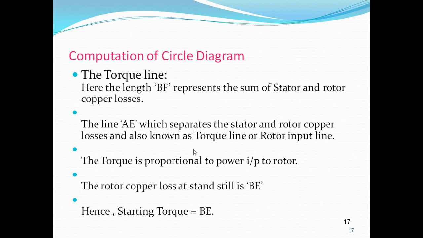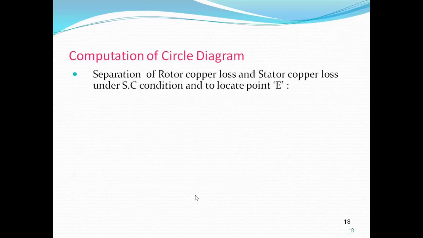So starting torque is equal to BE. The torque is proportional to the power input to the rotor. So rotor copper losses at standstill is BE, so BE represents the starting torque.